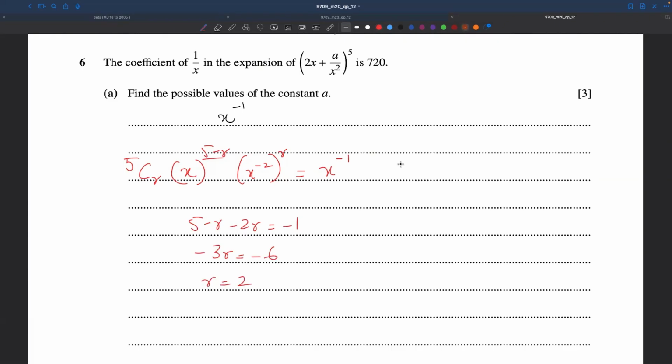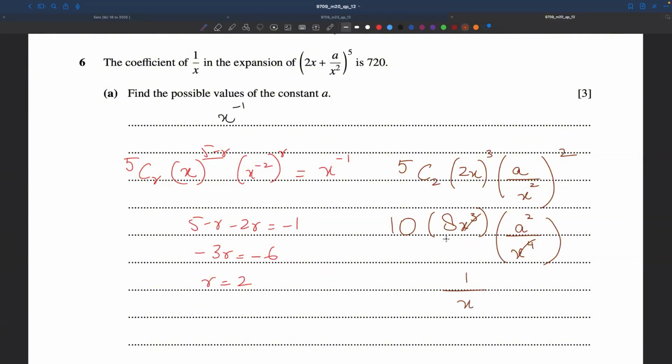It means I will have to use this term 5C2, a to the power 5 minus 2, and a upon x squared to the power 2. 5C2 is 10 into 8x cube into a squared upon x to the power of 4. So this will cancel out and I will get 1 upon x as my basically algebraic term.